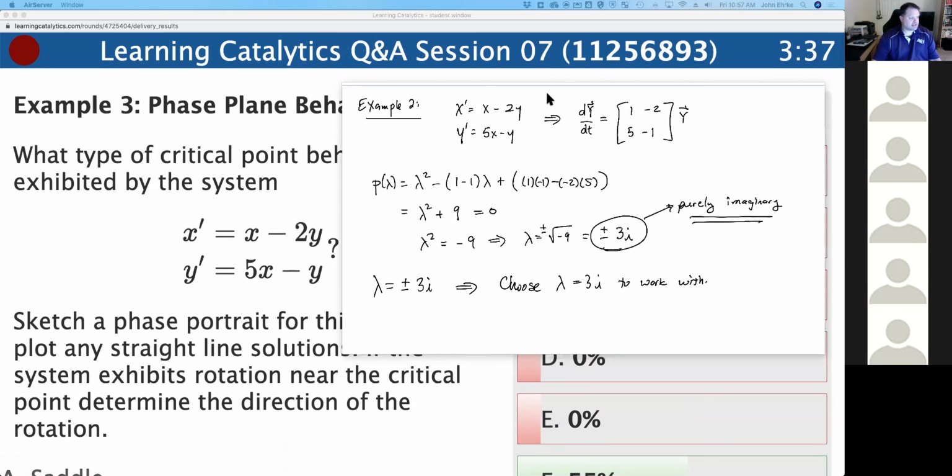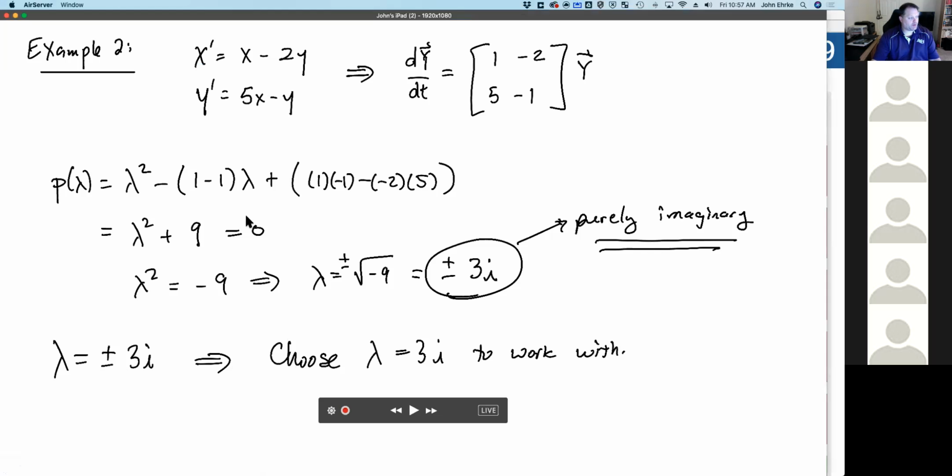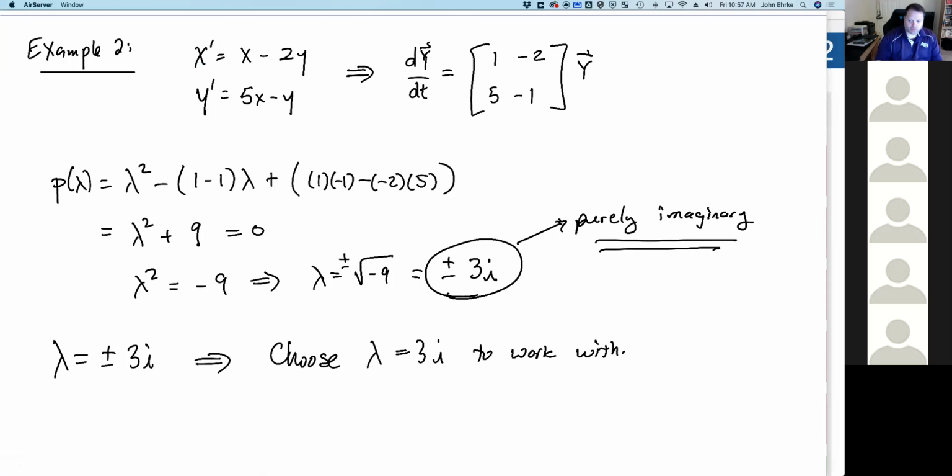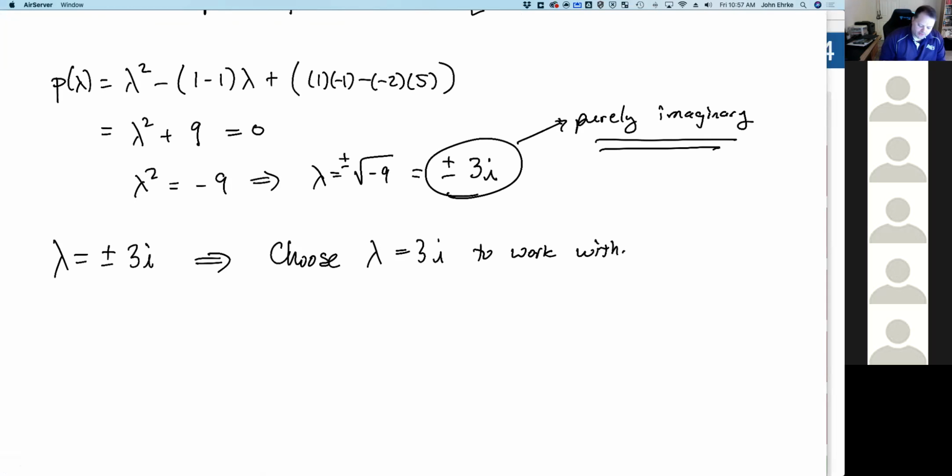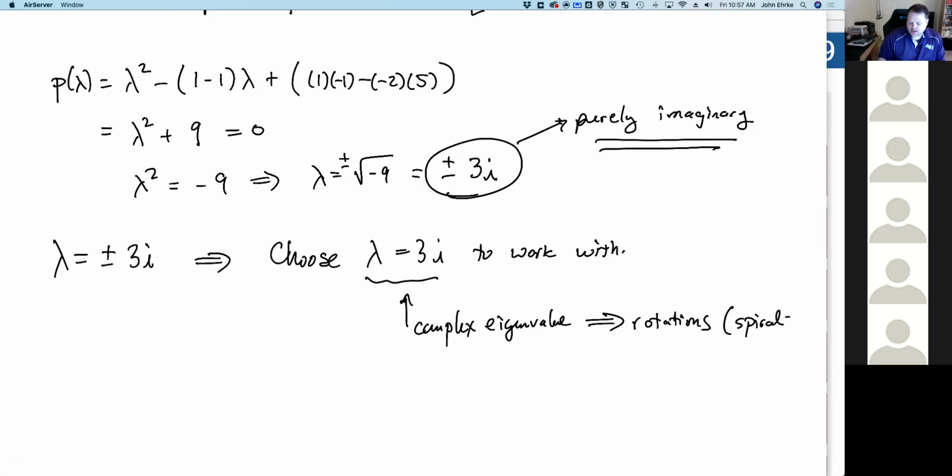To see why that's the case, if we talk about this in the way that we talked about the last example, I know that this is a complex eigenvalue. And complex eigenvalues lead to rotations in the phase plane. You could think of them as spirals if you like, but it's either spirals or centers. Right? So closed circular paths in the phase plane.